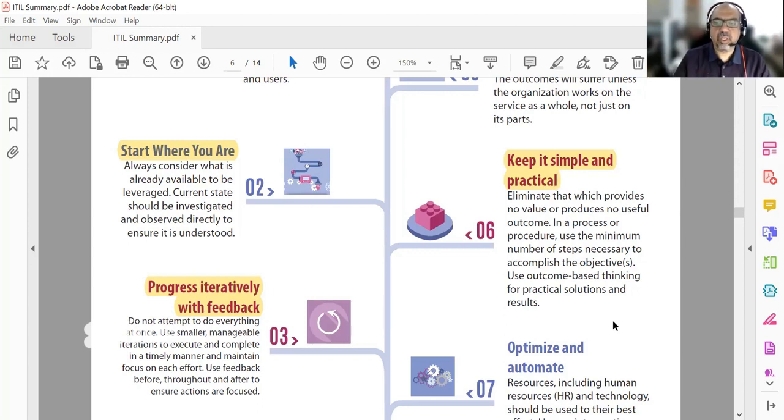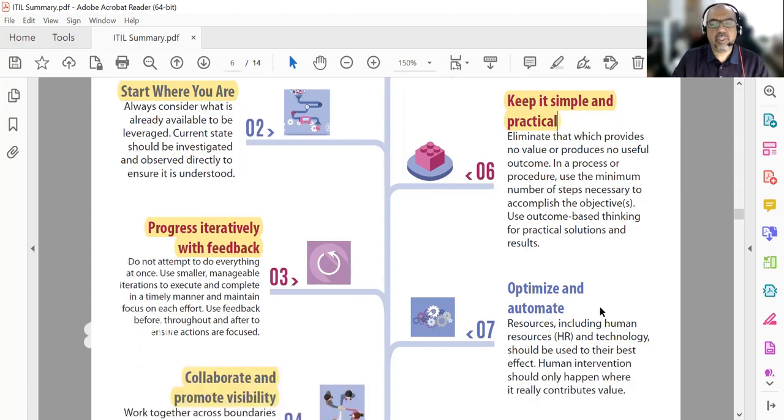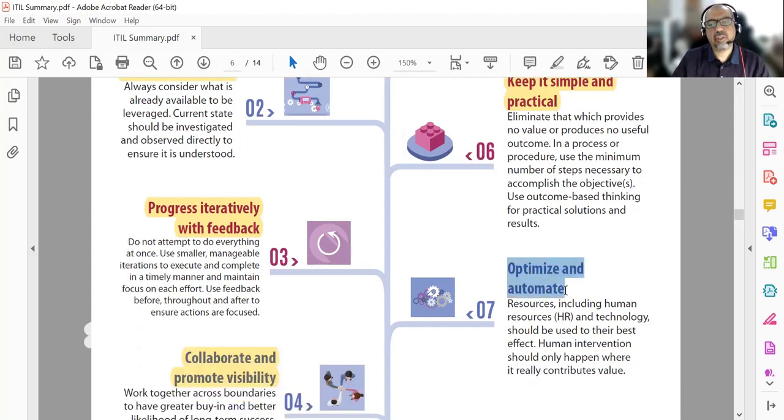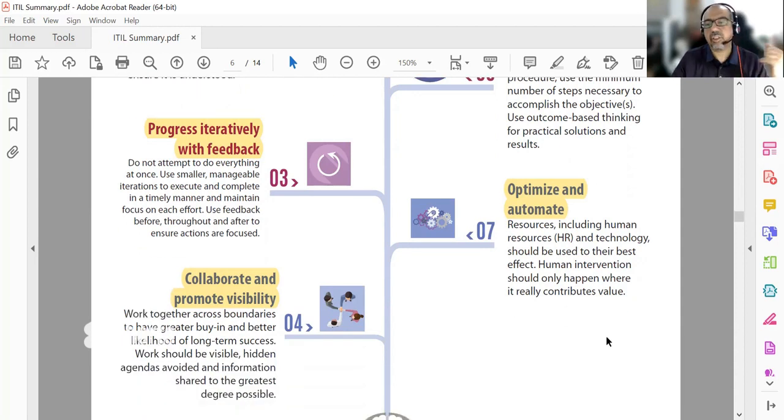So we simplify steps, we simplify processes, we simplify procedures, and make them more practical. This will lead to the last principle, which is optimize and automate. We will optimize first, then we will automate. We will optimize resources, including human beings, HR. We will optimize technologies.